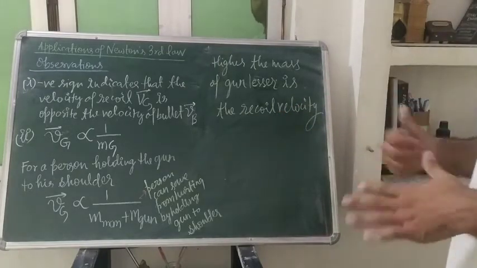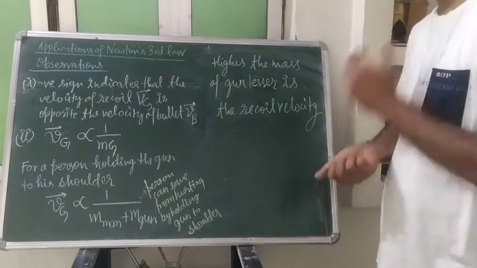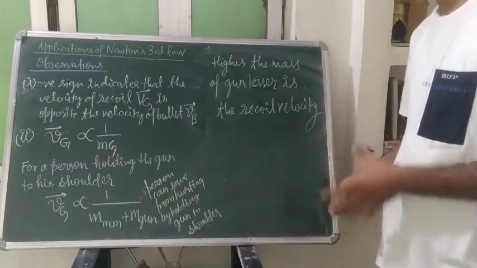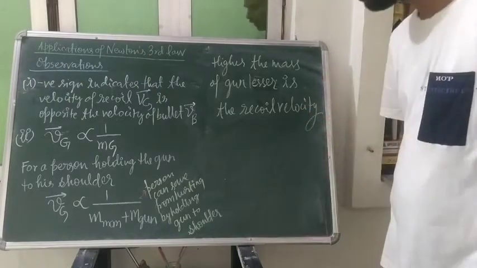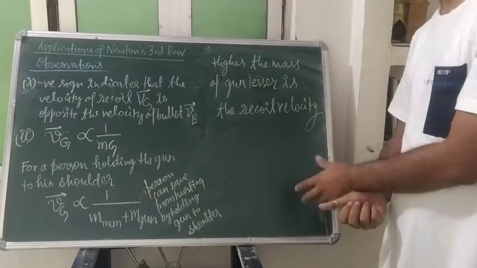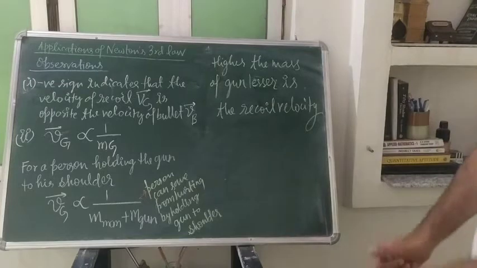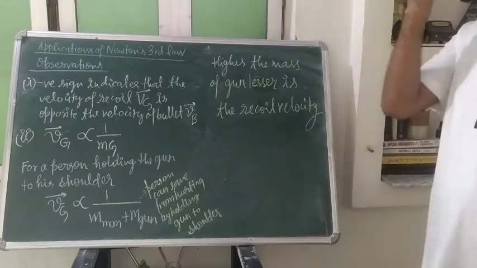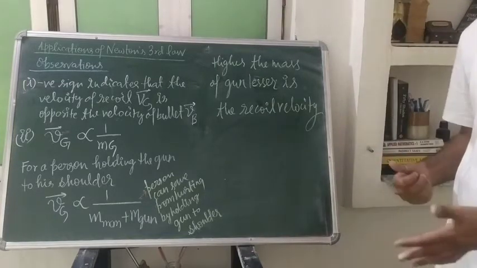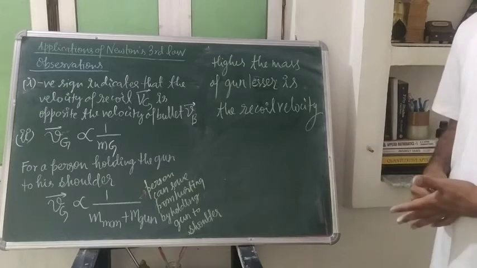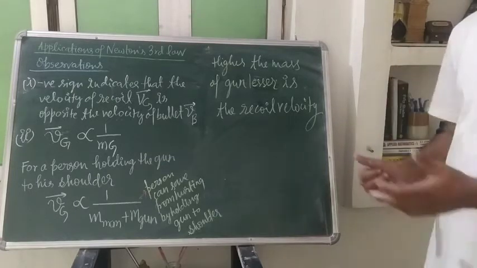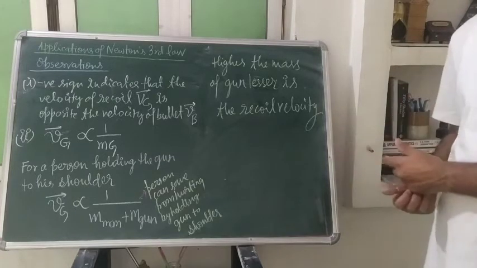Okay, you can imagine by holding the gun in your hand, you will see how heavy it is. So if you get a lighter gun, you will feel more recoil. So these things are there in the application of Newton's third law to the gun and bullet system we are looking at.